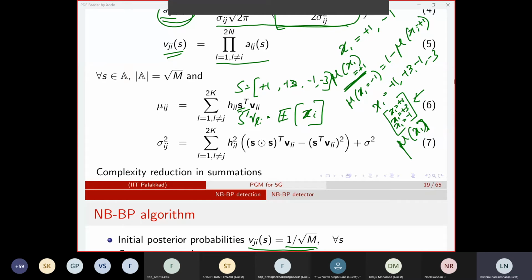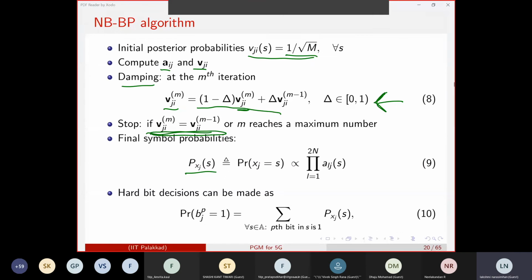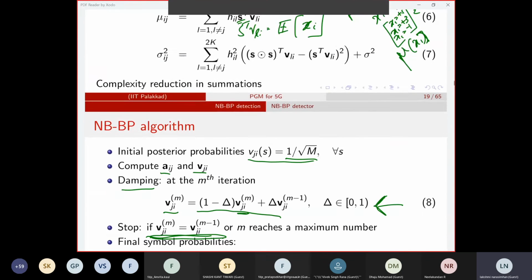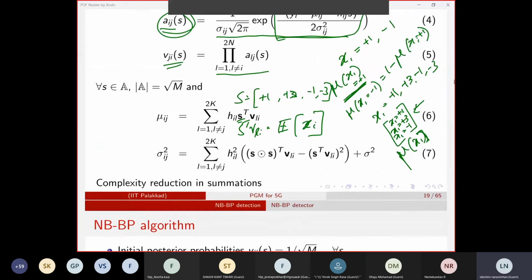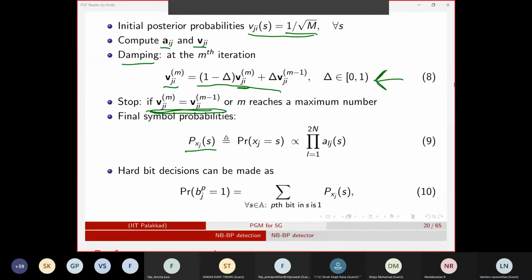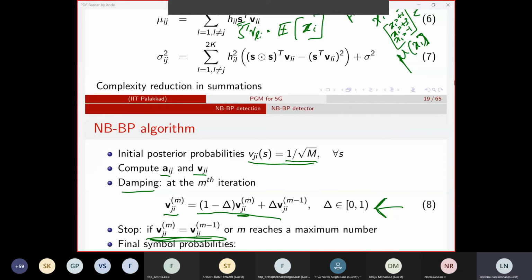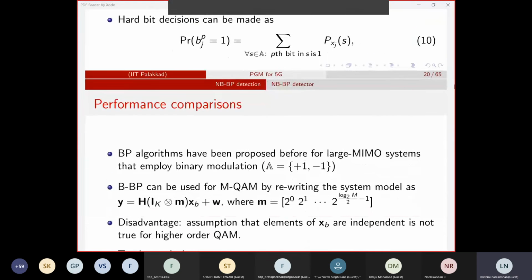So we see which is the largest probability here, and declare that to be the actual value of xi which was transmitted. This gives us maximum a posteriori probability decoding, that is MAP decoding. In this case, MAP decoding is the same as ML decoding because the prior probabilities are all uniformly distributed. So we have performed demodulation successfully by using this belief propagation or message passing algorithm.